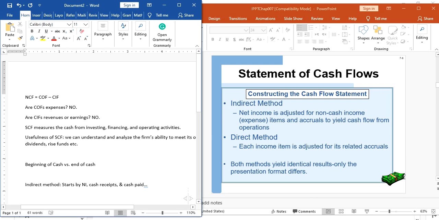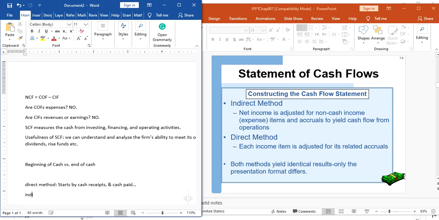Now, my apologies, I'm mixing up over here. So this one is for the direct method to be stated in this way, and there is no need to mention net income.